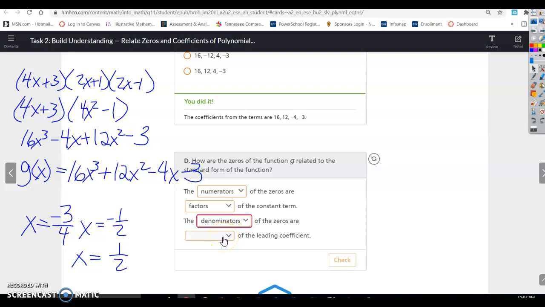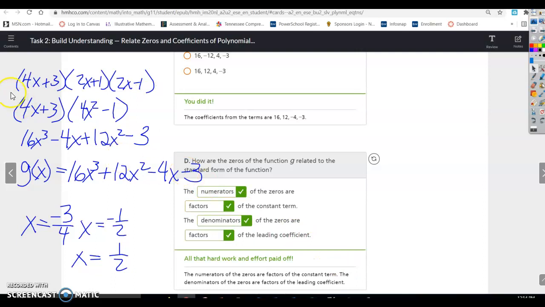The denominators of the zeros are factors of the leading coefficient. So 4, 2, and 2 are all factors of the leading coefficient. All right, so that is all for task 2. If you have any questions, please let me know.